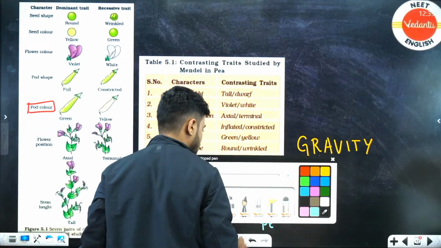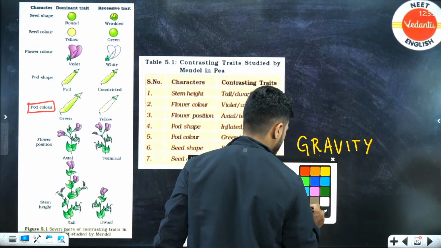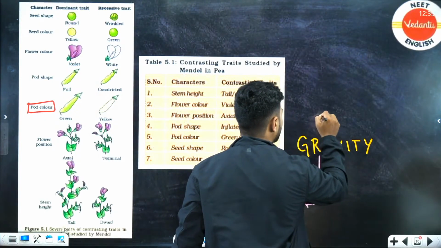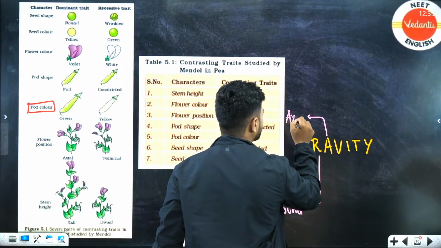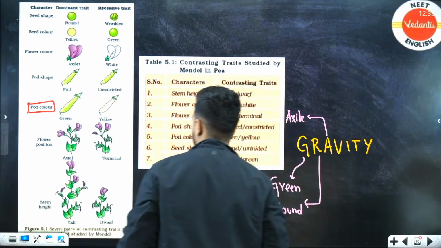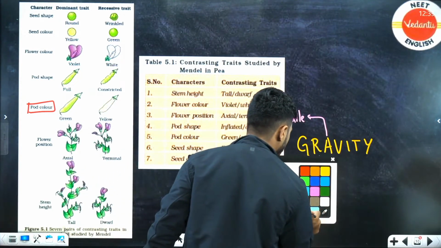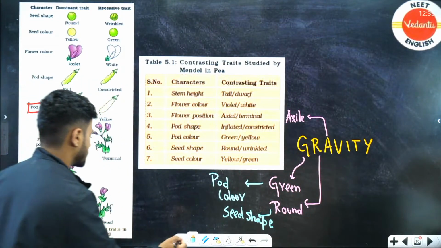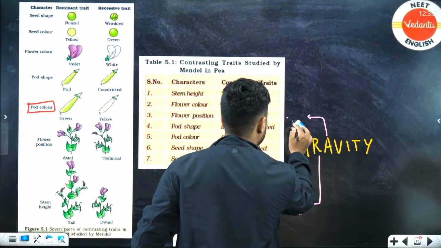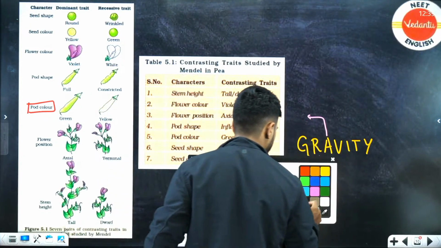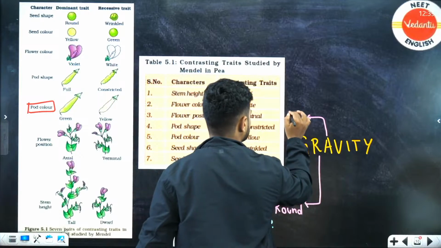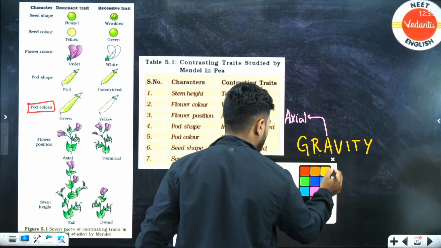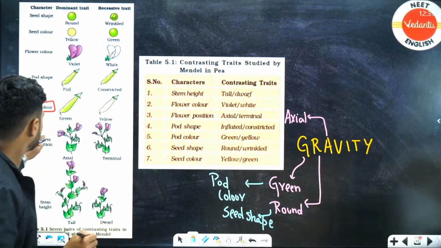Then we have A, students. What is this A? A is nothing but axial. Axial here is going to be your position of flower.